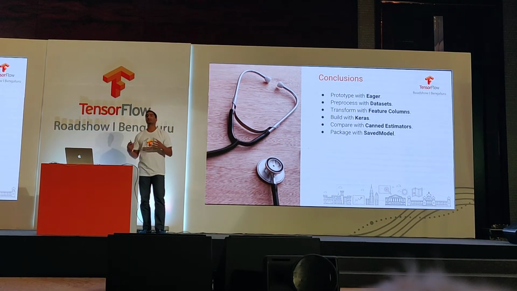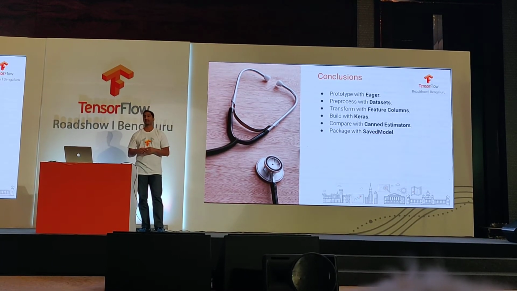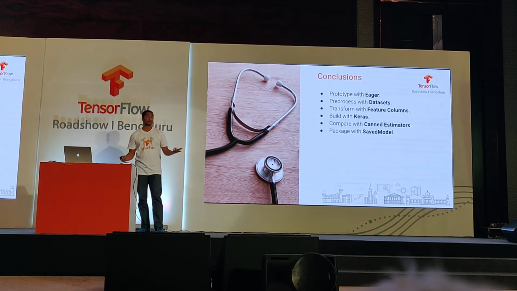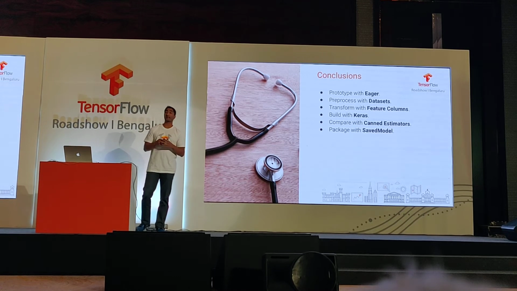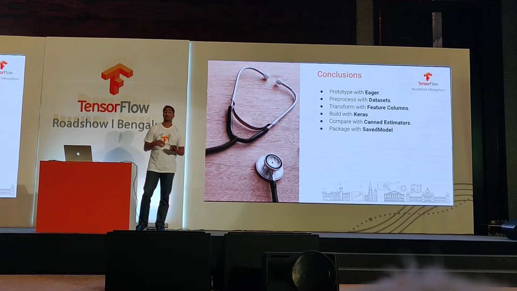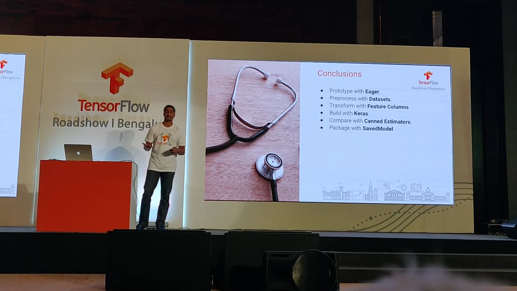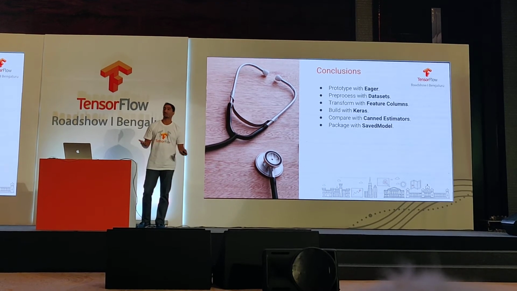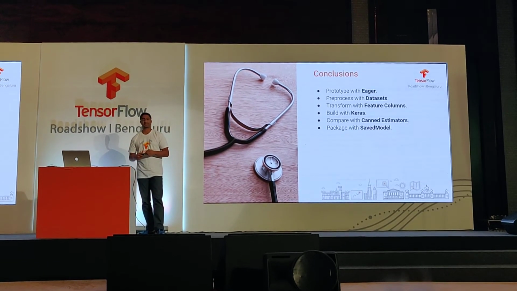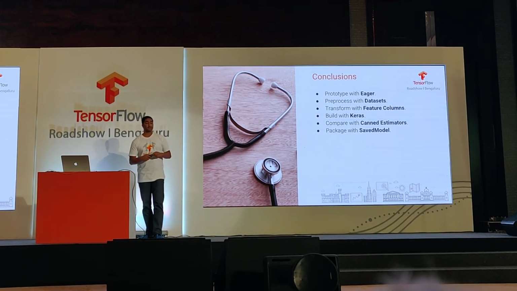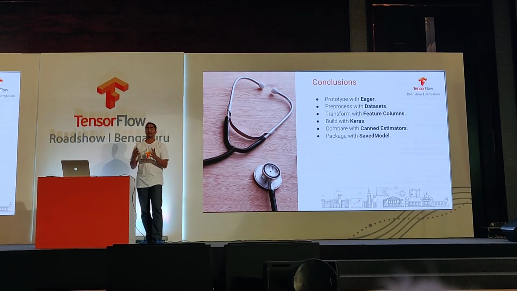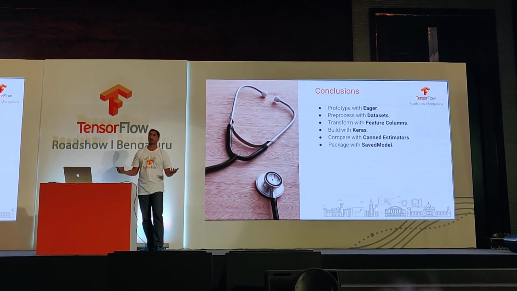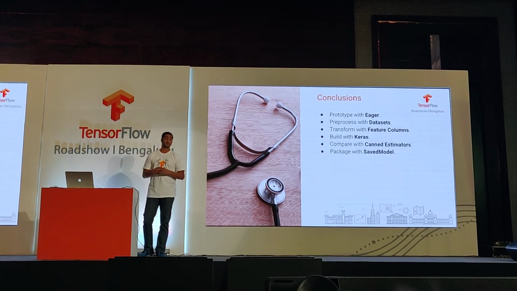So, just a quick overview of what we covered today. We learned how to prototype and build basic initial models and play around with eager. We learned how to pre-process data from CSVs using tf.data and datasets, which are extremely powerful ML IO tools. We transform data from random values to dimensions and tensors that the model can understand using feature columns.